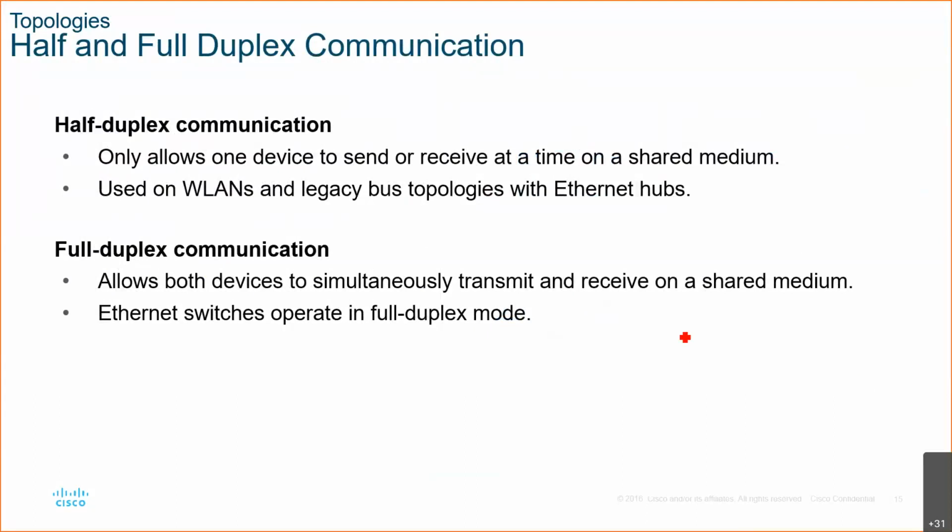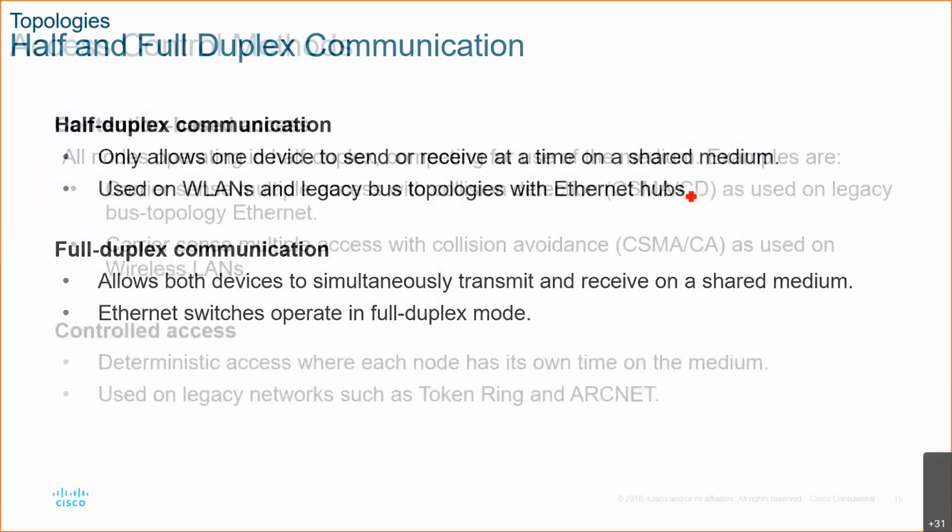The old technology where we had hubs was half duplex. So sometimes when both of them send at the same time, they will collide and the data will be lost. So they have to send again. So that was an issue, okay? That's why we don't use hubs anymore. They're old technology. But half duplex communication still goes on, okay?